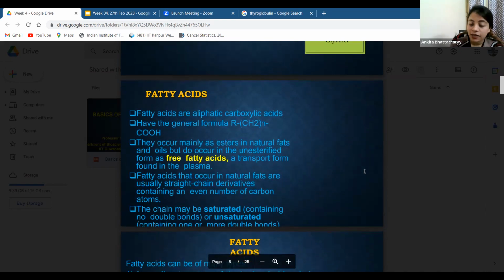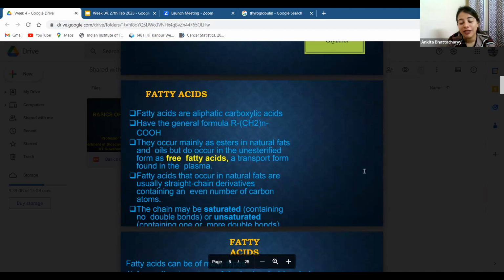Next come fatty acids. Fatty acids are aliphatic carboxylic acids. They have this common general formula, which you can see. Mainly they occur as esters in natural fats and oils, but sometimes they can also occur as free fatty acids, FFA, which is how you find them in blood plasma when they are being transported. Fatty acids that occur in natural fats are usually straight chain derivatives, and they have an even number of carbon atoms, and that can either be saturated or unsaturated.